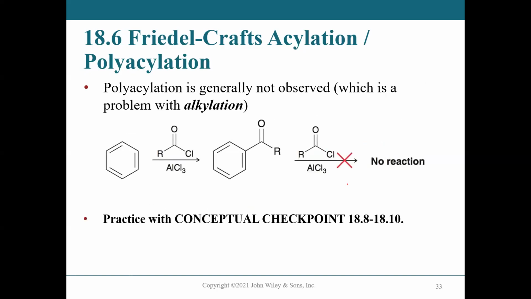So polyacylation is generally not observed, which is the problem with alkylation. That means we're not going to add on another group like this, is what they're saying. We're not going to get another reaction.